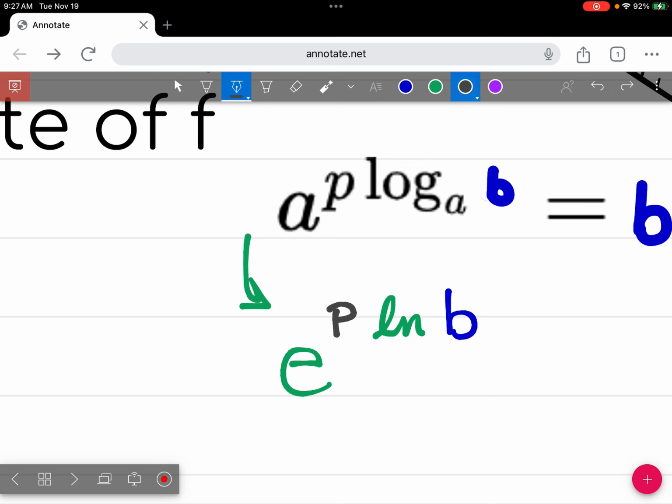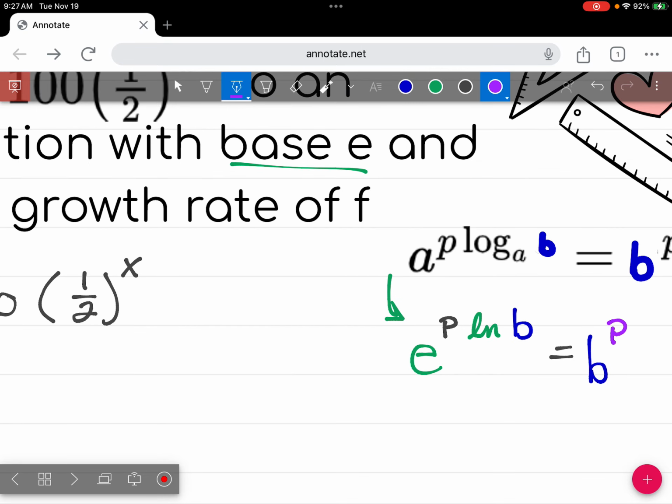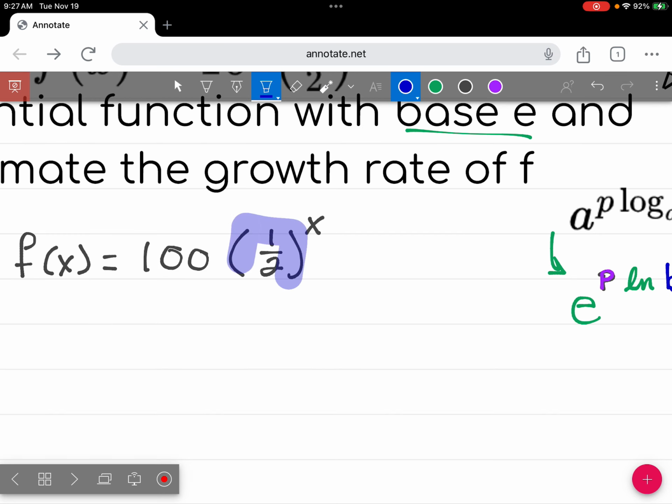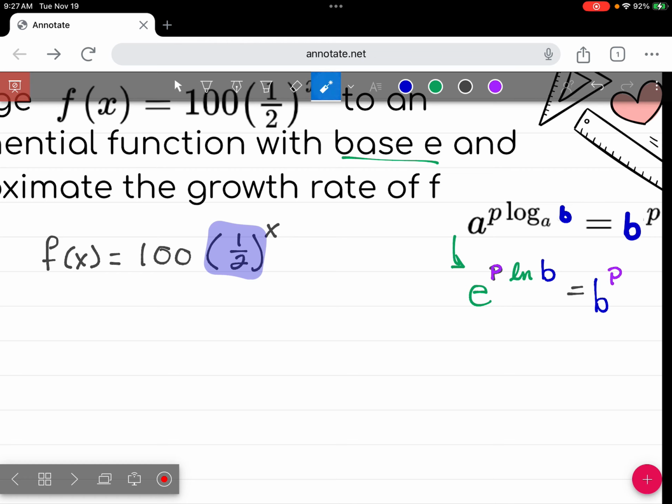And that means the exact same thing as b to the p. So in our equation, what is the b part? The 1/2. What is the p part? The x. Too many dang letters in these things.